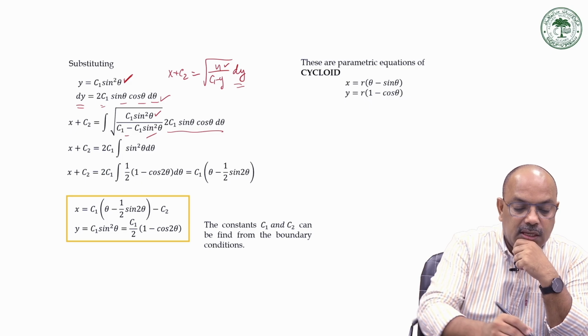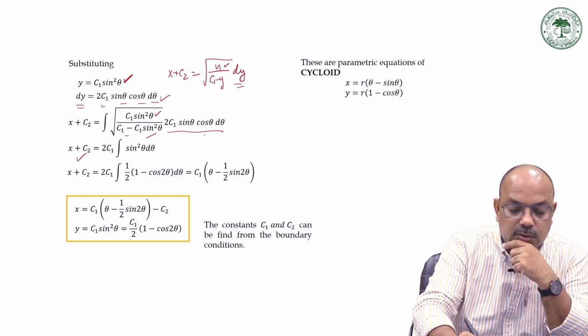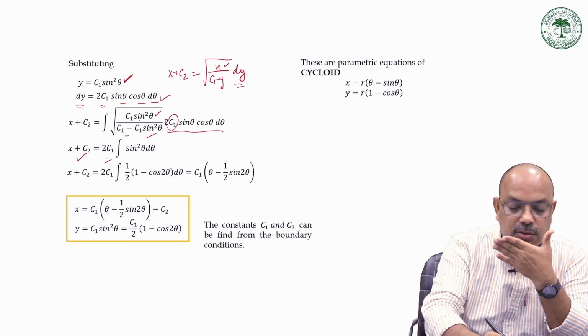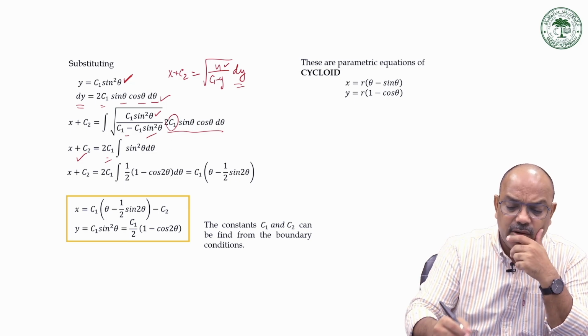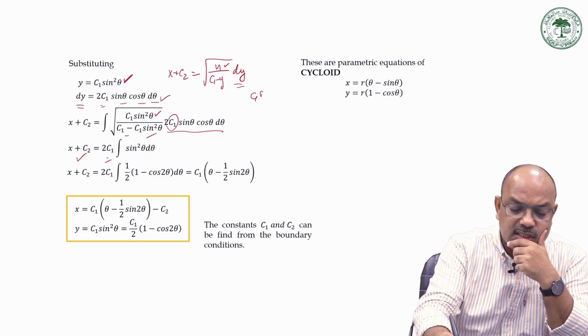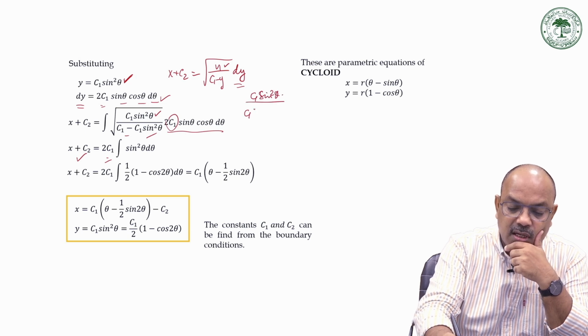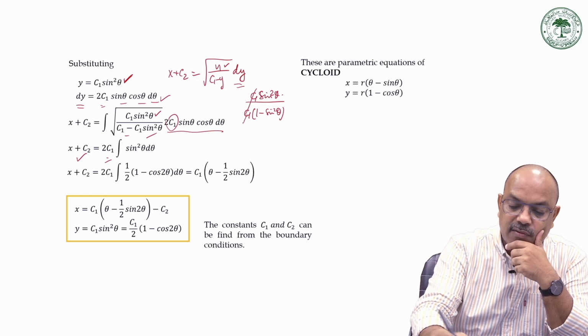So x plus c2 has twice c1 here. You can do this very quickly, because this is c1 sin squared theta, and then you take c1 common, this is 1 minus sin squared theta under root, so this will cancel out.